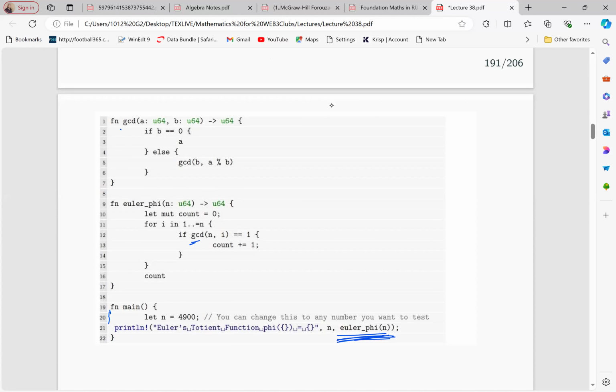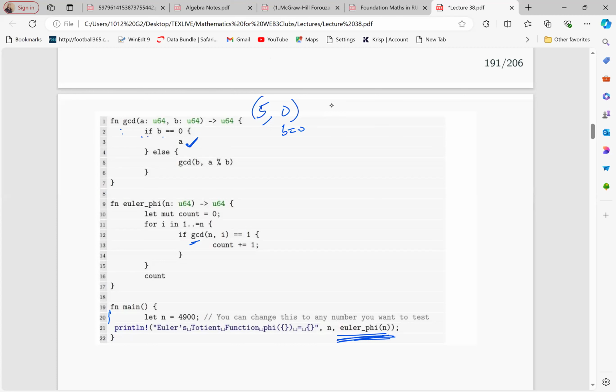The GCD begins, and supposing you had a number 5 and a number 0, where A, B is 0, the GCD function is saying that if B is 0, if one of the numbers is 0, then the number that is not 0 becomes the GCD.